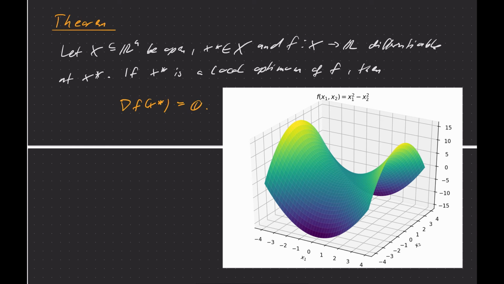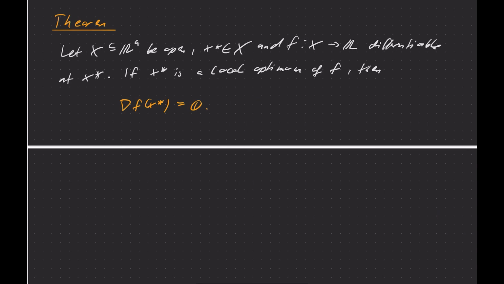Okay, so the theorem is necessary. If we have a local optimum, then necessarily the gradient is zero, but the reverse is not necessarily true. If the gradient is zero, that does not mean we have a local optimum yet. It can still be a saddle point. And in one of the next videos, we'll try and see if we can find conditions that guarantee that a point is actually a local optimum.